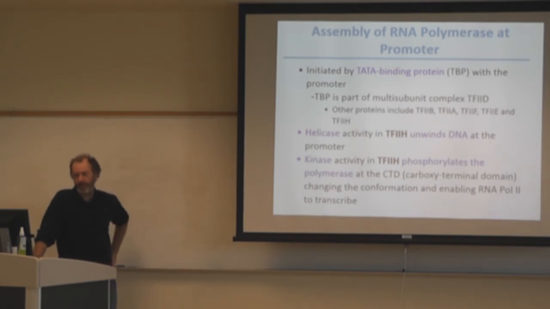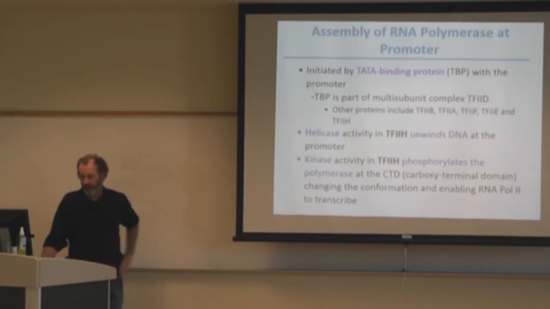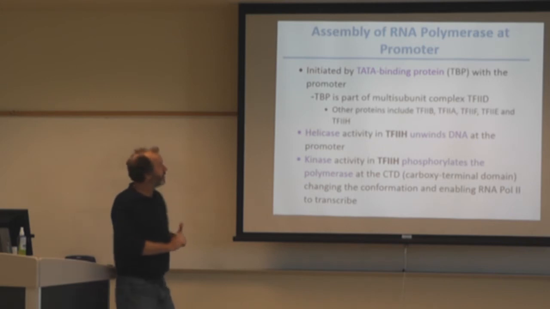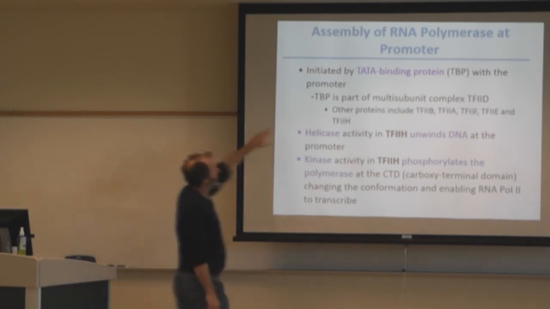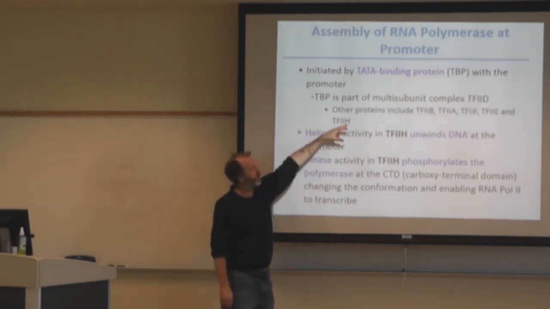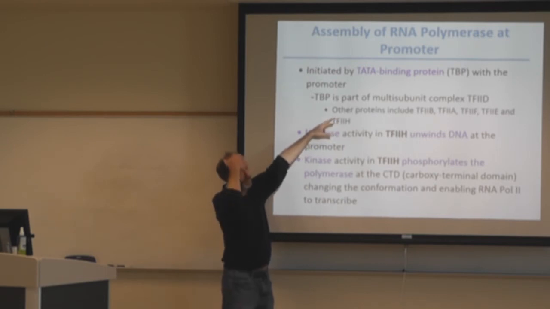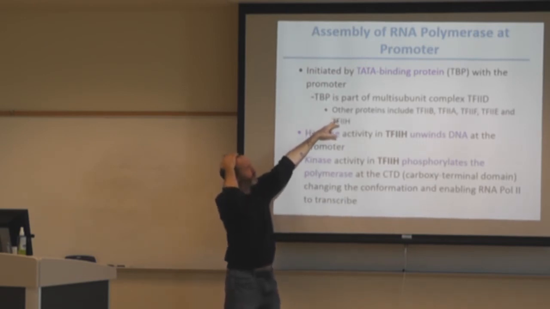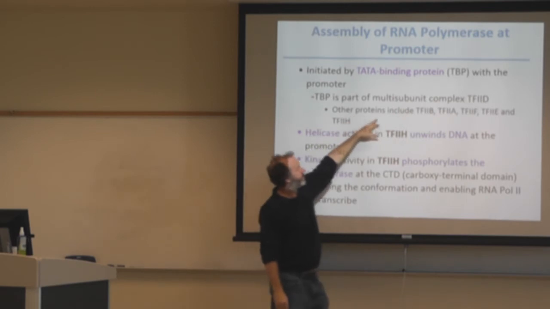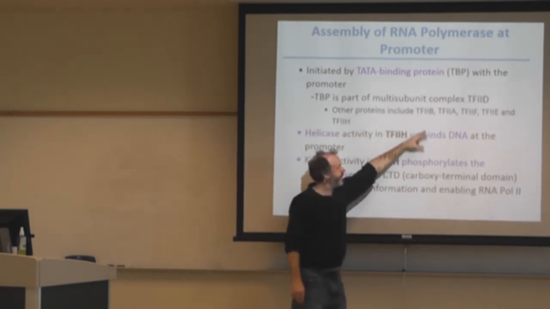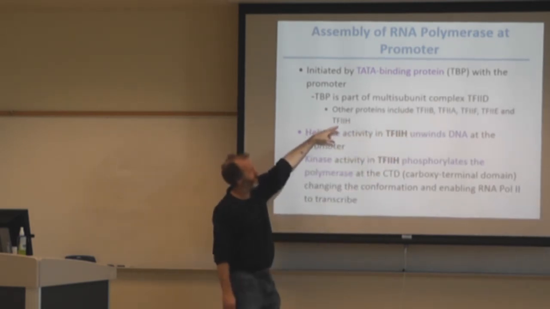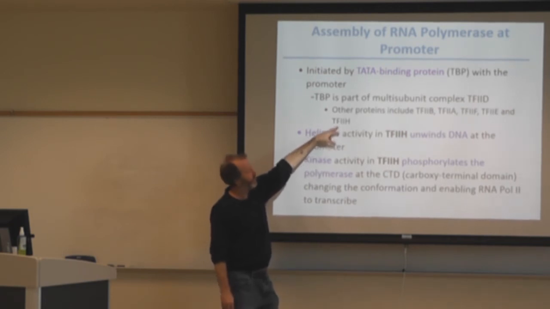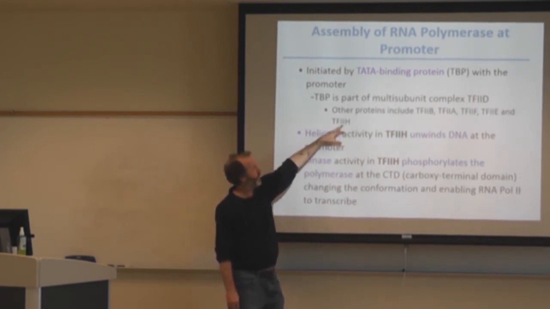Assembly of the RNA polymerase at the promoter. Initiation by TATA binding protein. With the promoter, TATA binding protein is part of the multi-unit complex, transcription factor 2D. Other proteins involved are transcription factor 2B, 2A, 2F, 2E, and 2H.